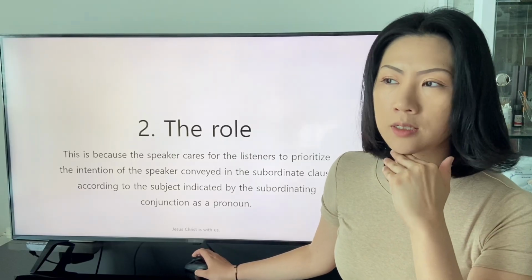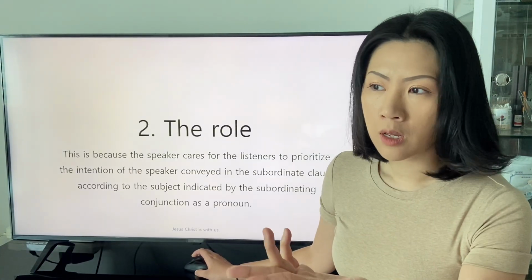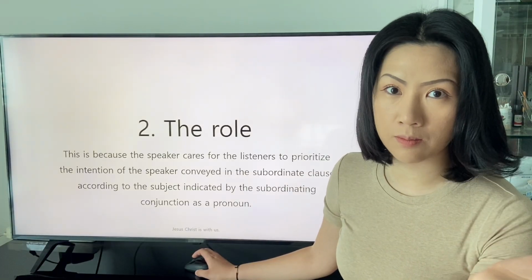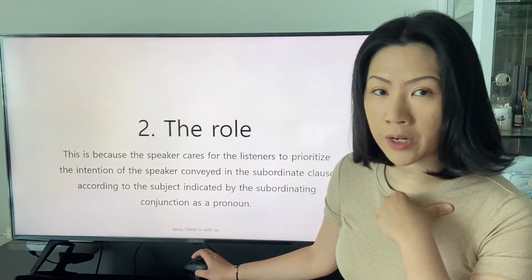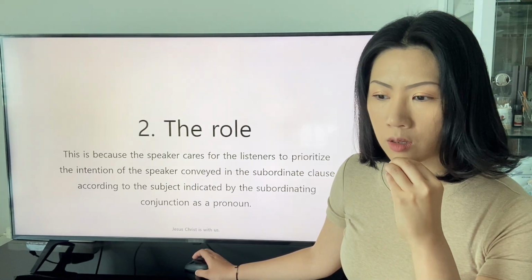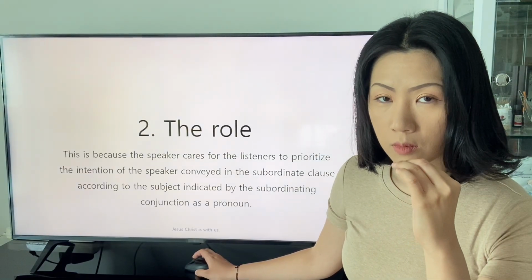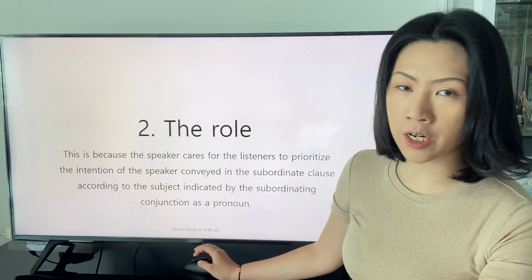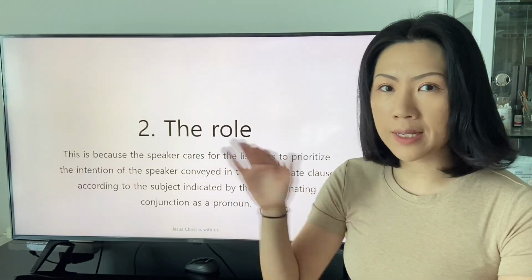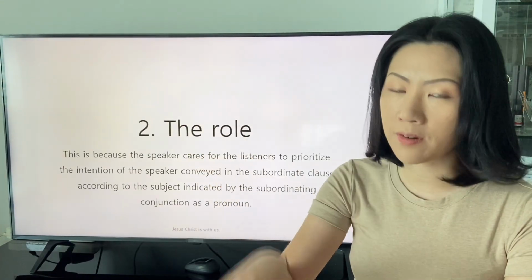The listeners gather various information from the speaker. Even in a conversation, we share various information. So the speaker considers the way that the listeners sort out and prioritize the information gathered by the conversation.